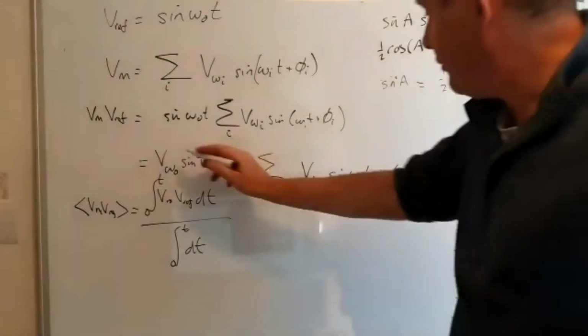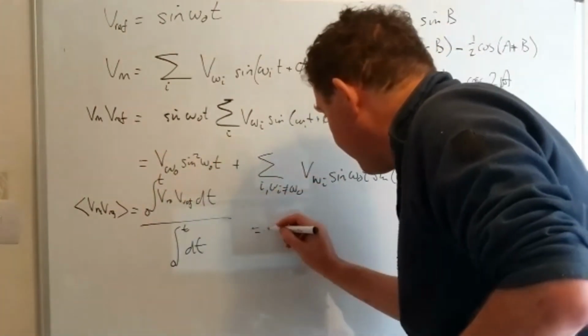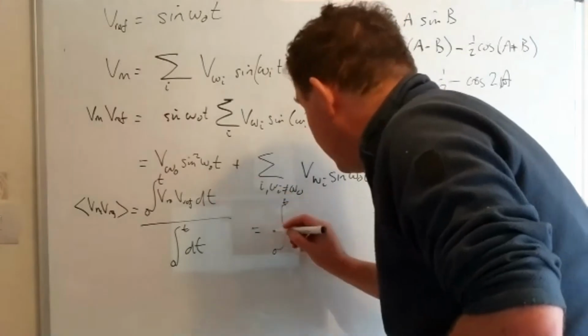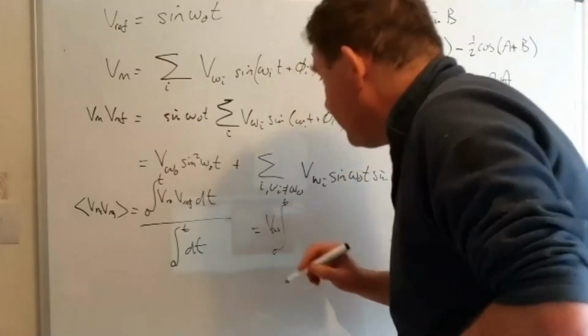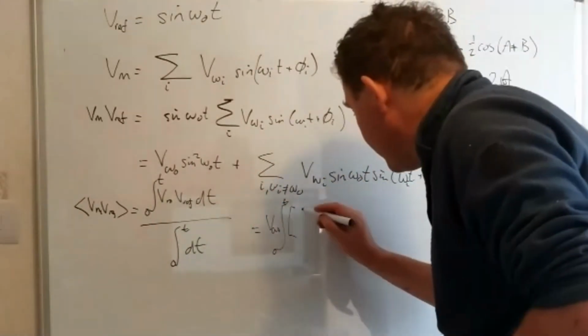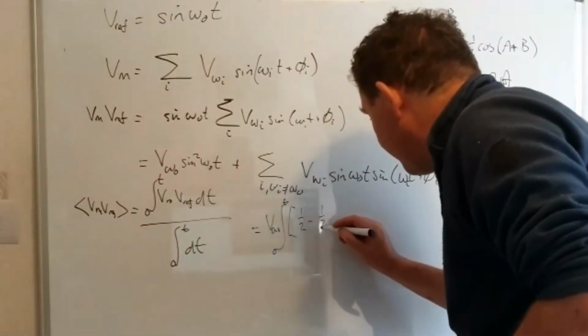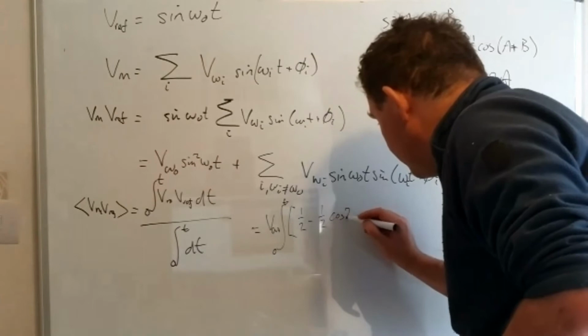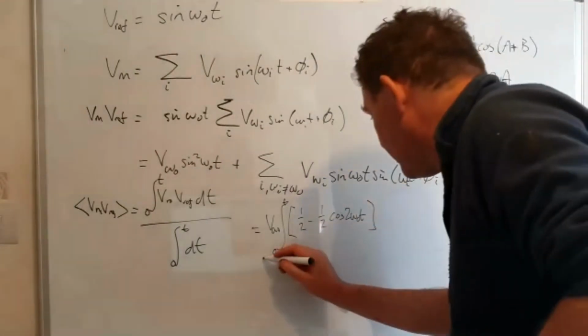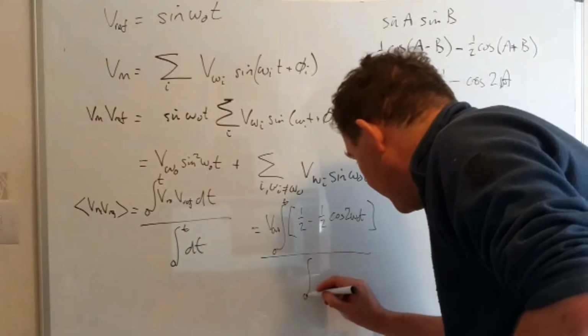So we're going to write down here the integral 0 to t, v omega naught constant. That's sine squared omega naught t, so that is going to be a half minus a half cos 2 omega naught t. And we can do that bit as one integral.